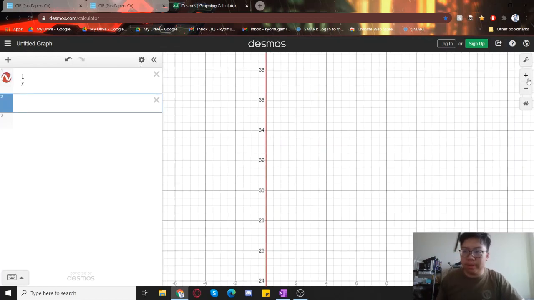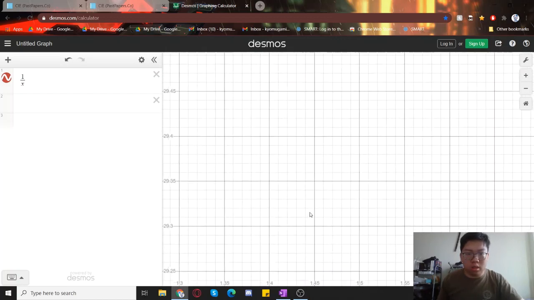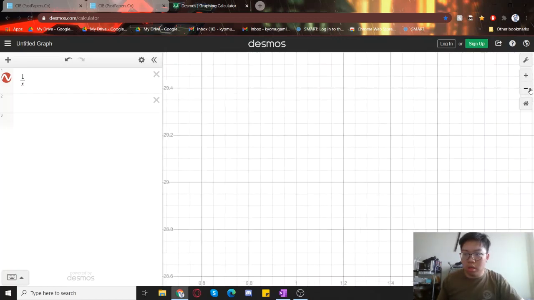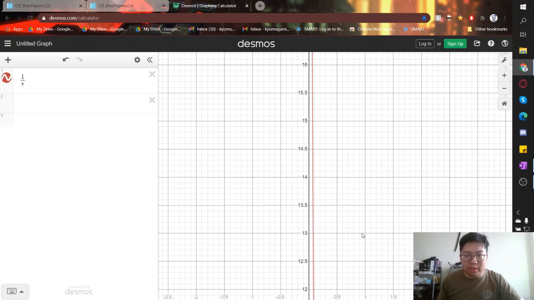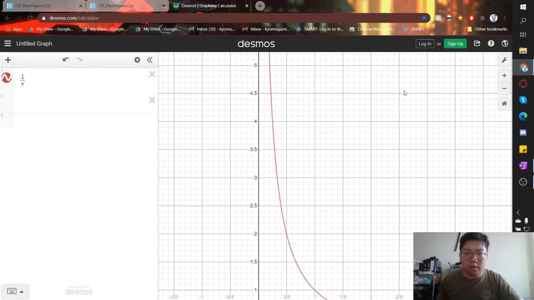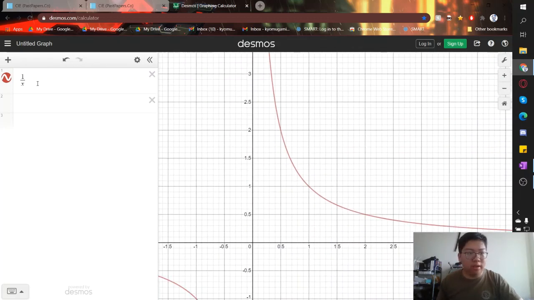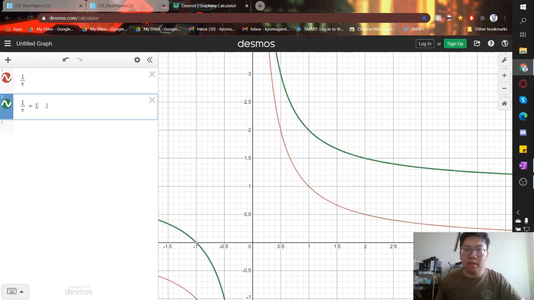Just put it in there. Newfangled technology, man. 1 over x plus 1. So you can approximately see that this point here has shifted up by 1.